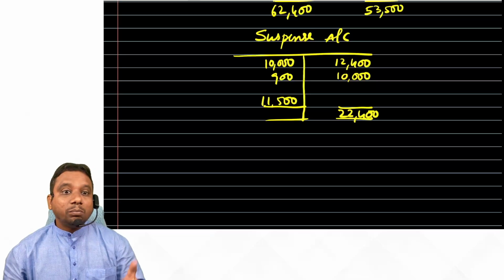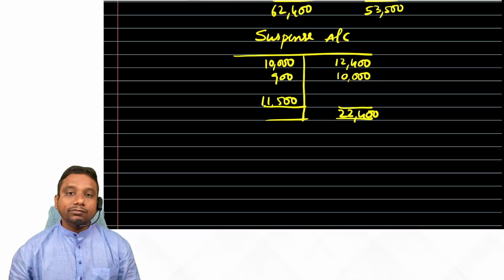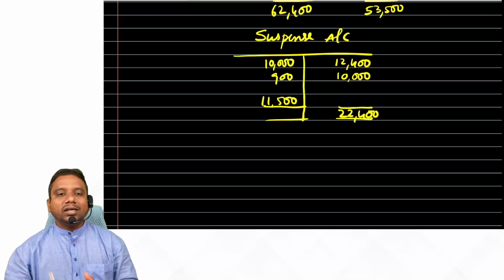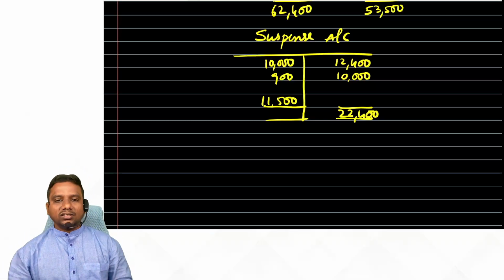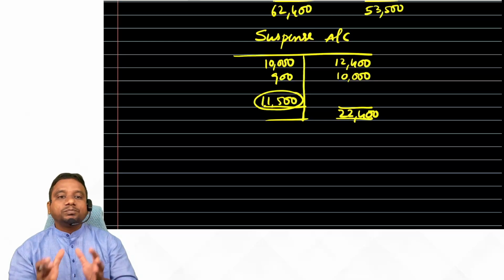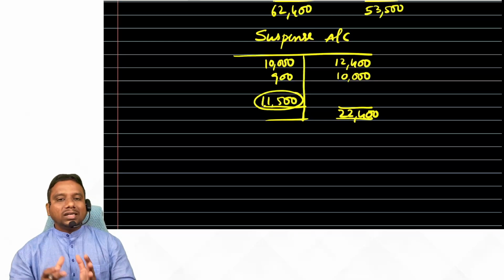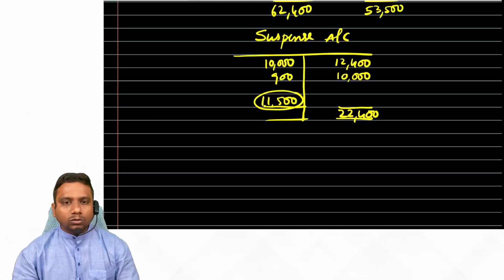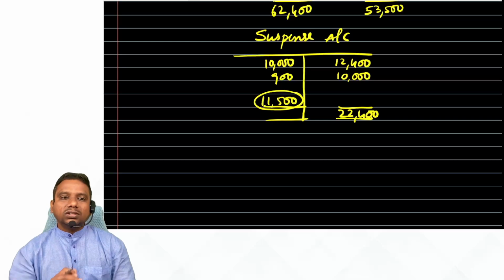At the beginning of the problem itself, they said whatever the previous year's suspense account balance we have is transferred to the profit and loss account, so don't consider this 11,500 as opening balance, students. Is it clear? So now this difference of 11,500 is also transferred to the Satvik capital account.